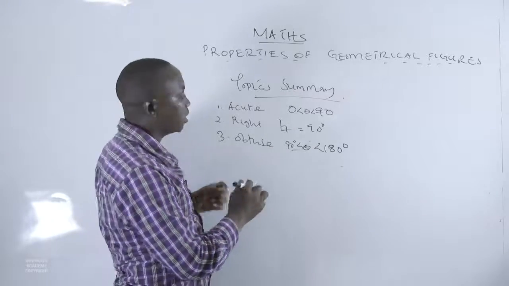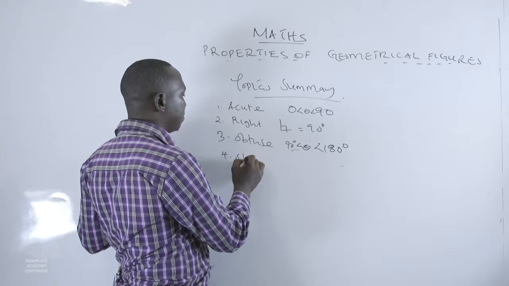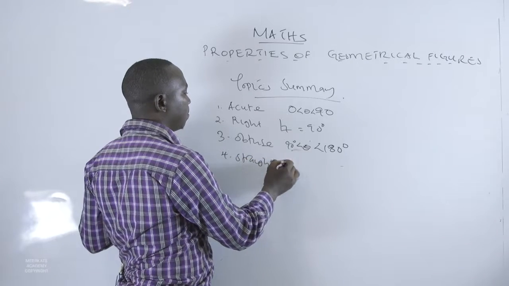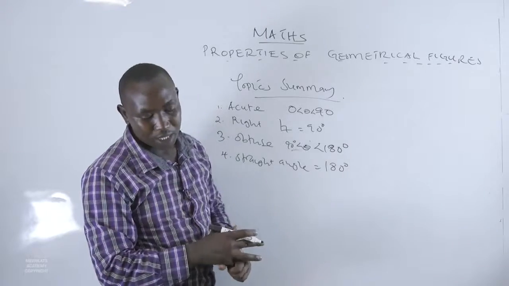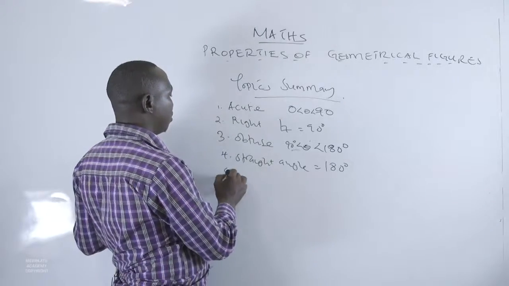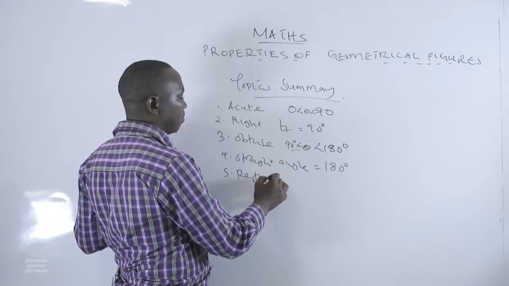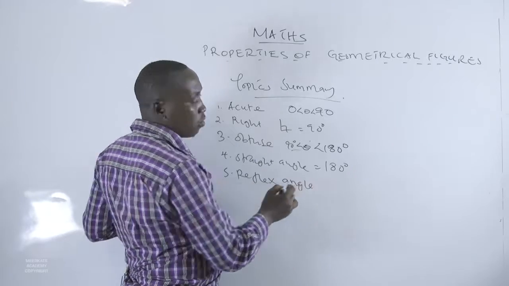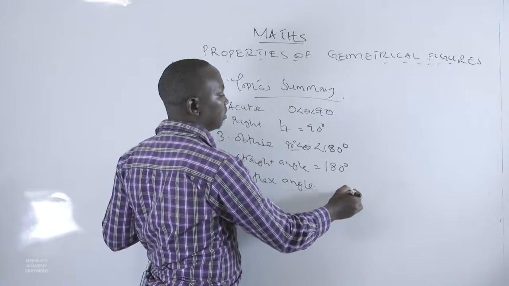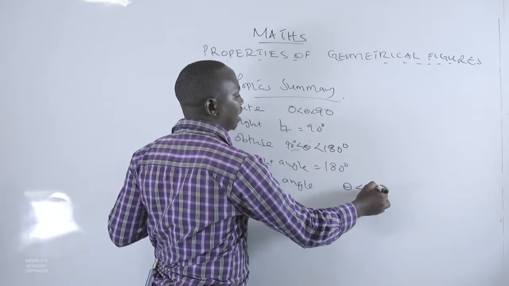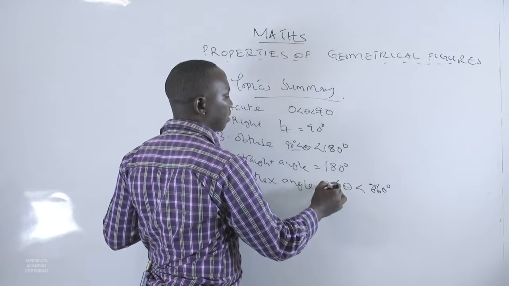We also talked about a straight angle, which we said sums up to 180 degrees. We also talked about a reflex angle, which we said is normally more than 180 degrees but less than 360 degrees.